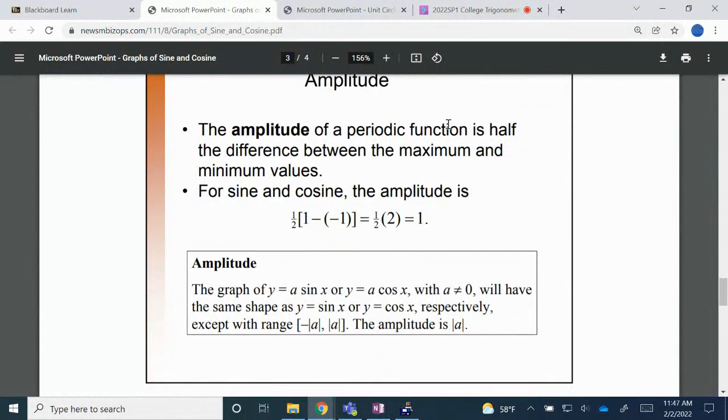It says that the amplitude of a periodic function is half the difference between the maximum value and the minimum value. The amplitude is the absolute value of A, right? So this very last line says that the amplitude is the absolute value of A.